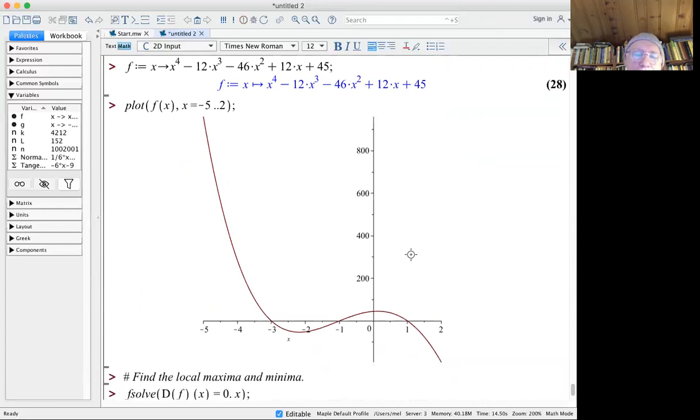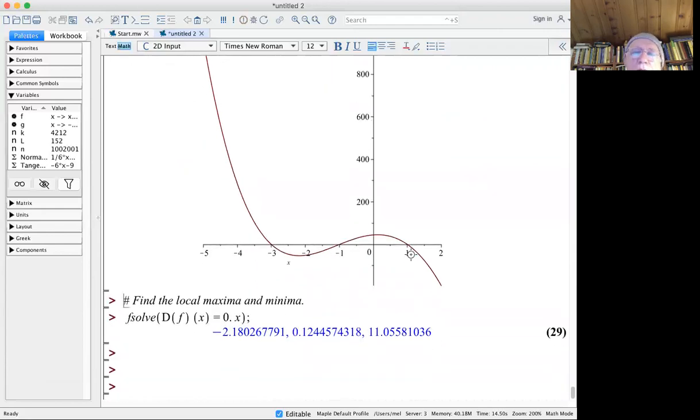Yeah, so minus 2 is around there. That looks like it's going to be a minimum. 0.1 looks like it's going to be a maximum. And the one way out at 11 looked like it was going to be a minimum. How can we tell? Take the second derivative.